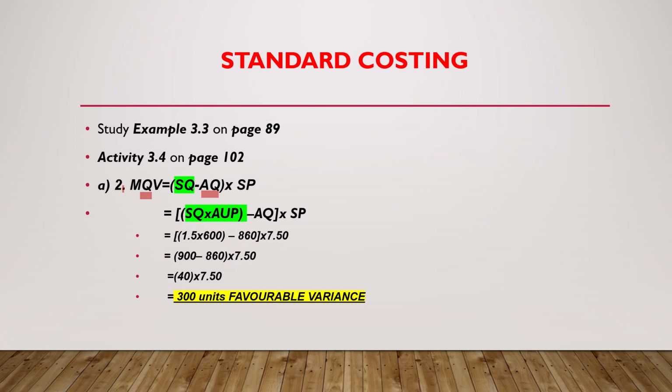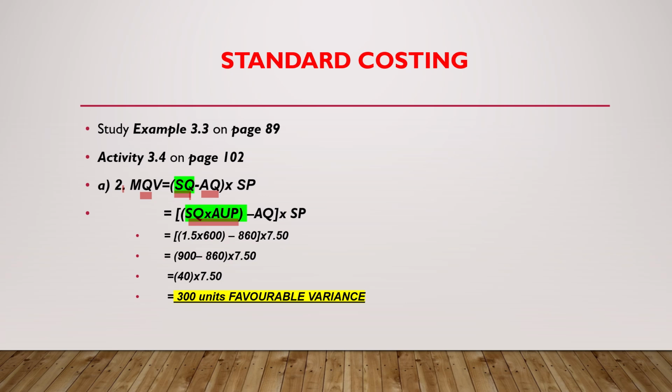Which part do you extend? This part, standard quantity. How do you extend it? You say standard quantity multiplied by actual units produced, and then minus actual quantity multiplied by standard price.